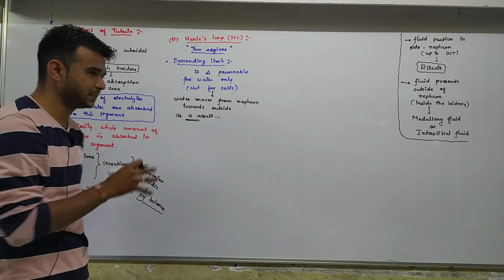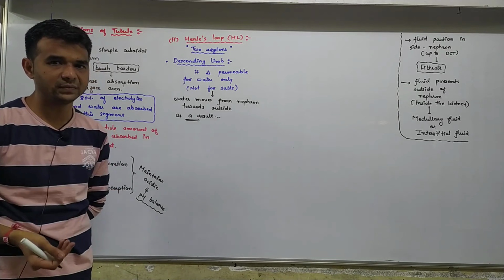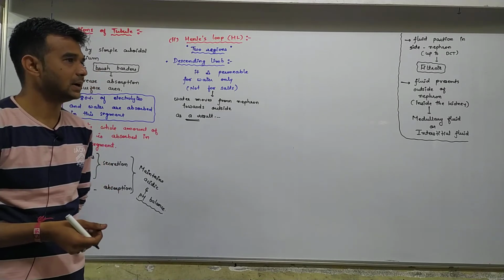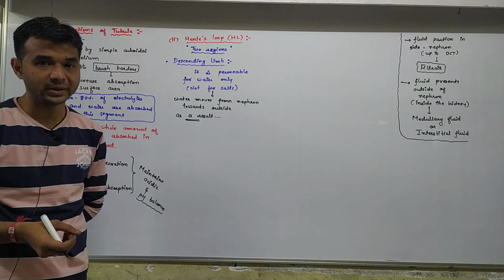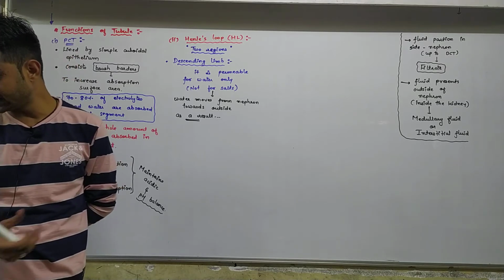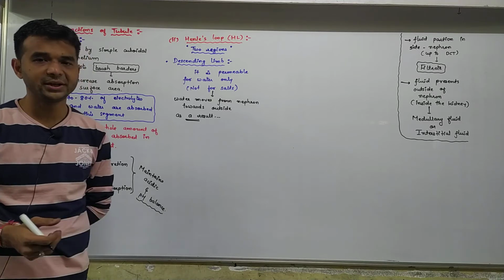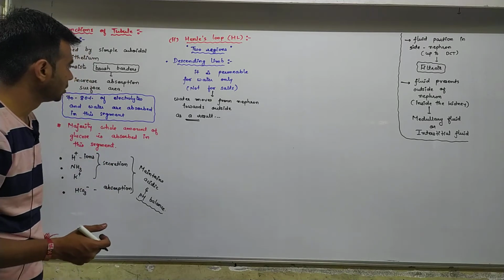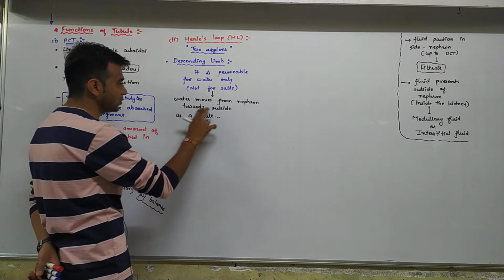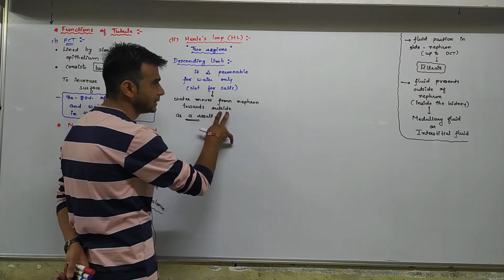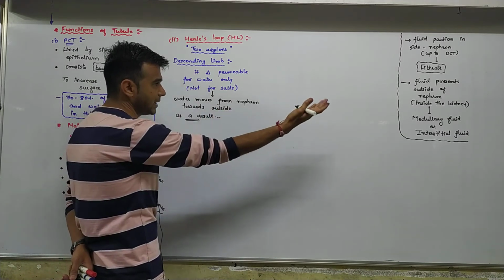This thing I will explain in the next topic, the mechanism of concentration of the urine, how the concentrated urine is formed. So water moves from the nephron towards the outside, into the medullary fluid.